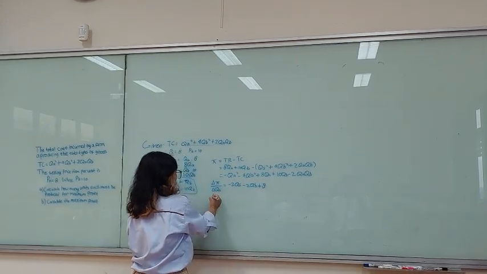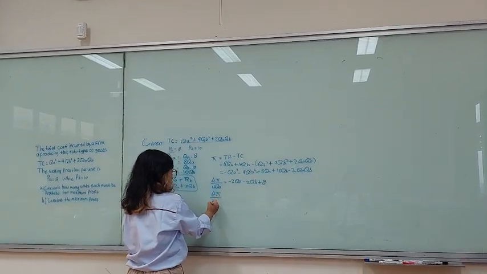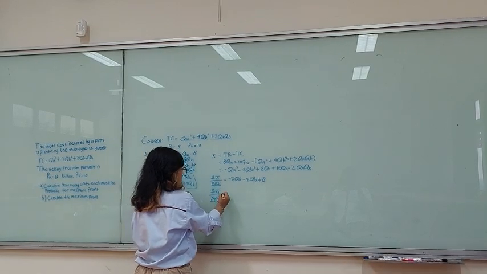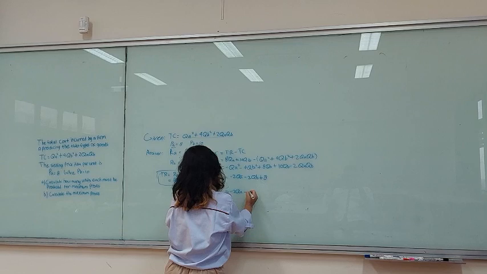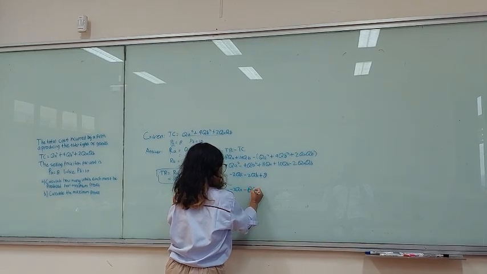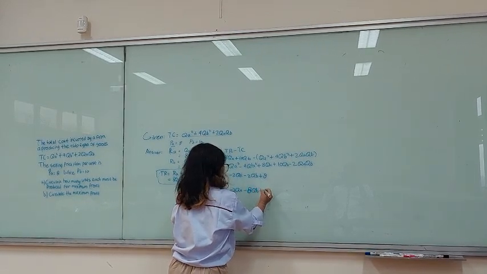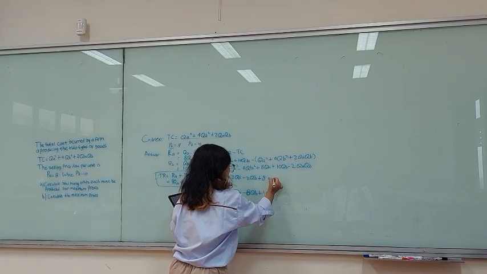And the derivative with respect to QB is minus 2QA minus 8QB plus 10, equals 0, okay?